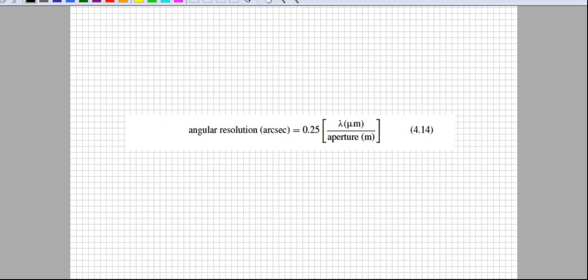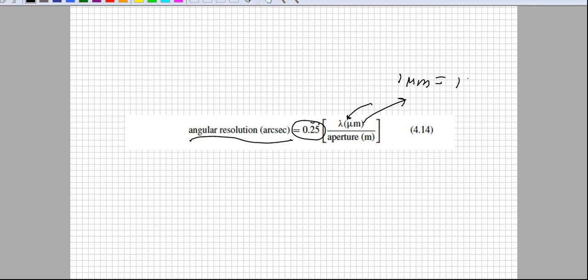As I mentioned at the start, most astronomy books have an equation for angular resolution, and it's probably not in radians. They probably give it in arc seconds. If you do this in arc seconds, the constant turns out to be about 0.25, assuming you use micrometers. That is not meters. For wavelength, you have to use micrometers.